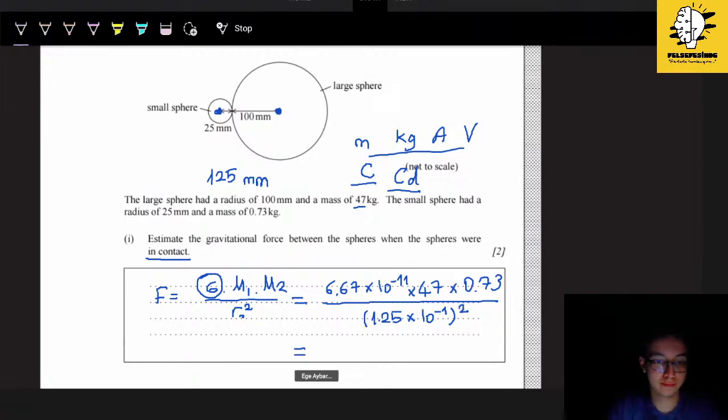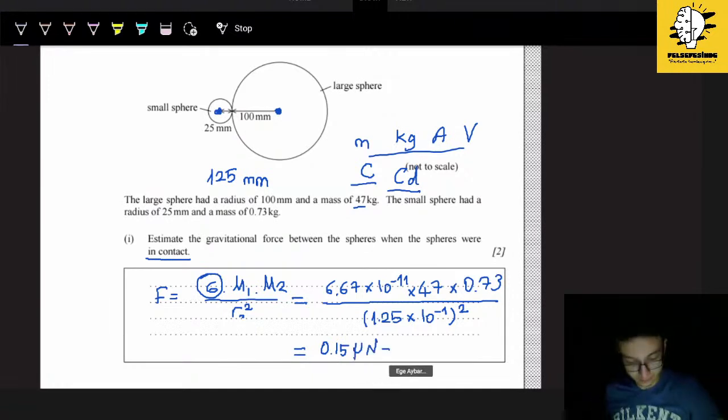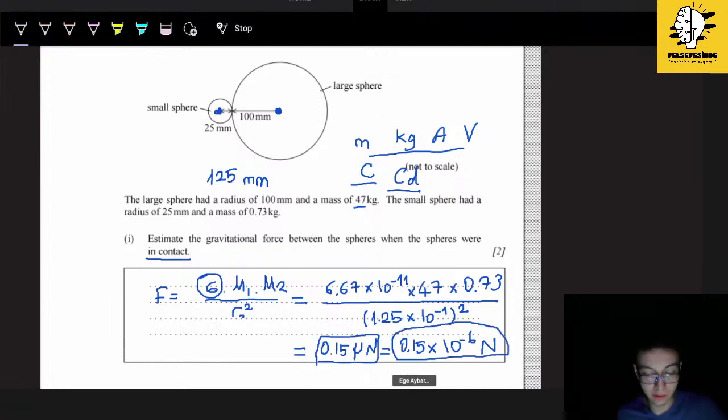And at the end, we find 0.15 micronewtons, or 0.15 times 10 to the minus 6 newtons. You don't have to write it like this. You can also write 1.5 times 10 to the minus 7 newtons. It's completely up to you, it doesn't matter.